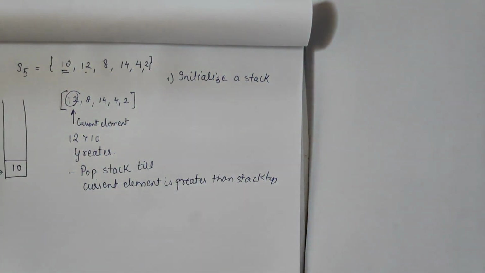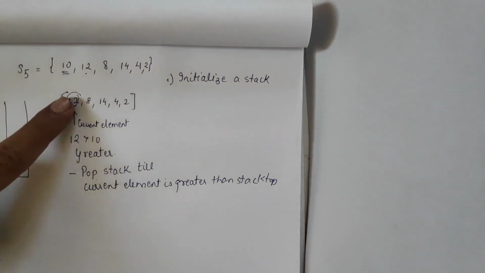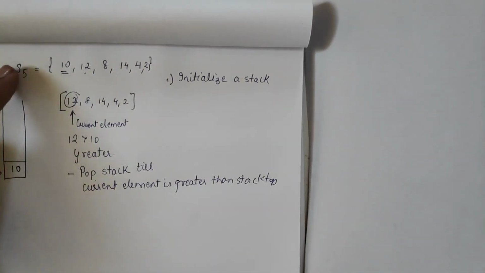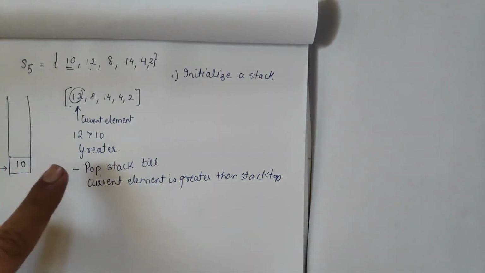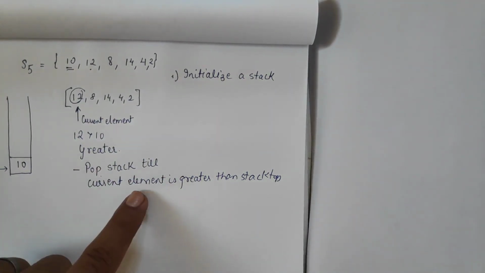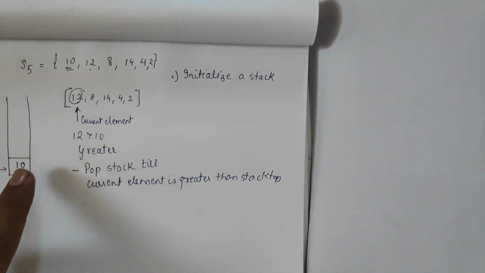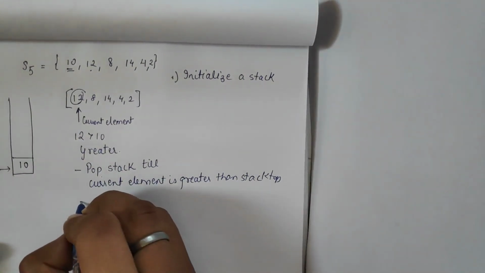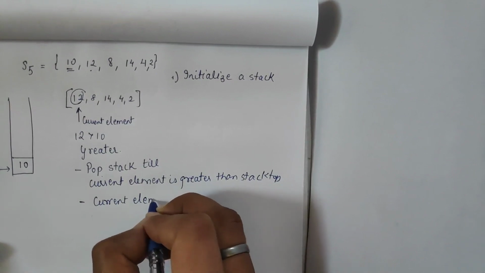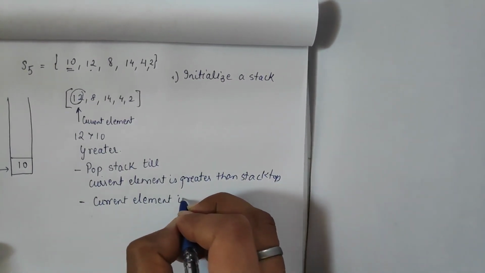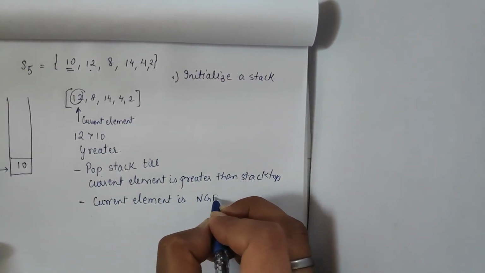If the current element is greater than the stack top, 12 is greater than the stack top. That means, obviously, we also see that 12 is the next greater element for this. So we pop 10 and we say that the current element is the next greater element.